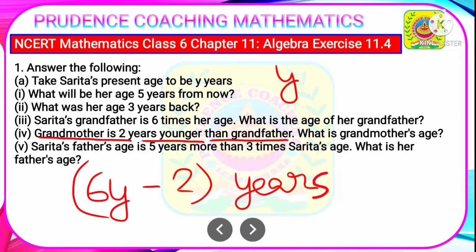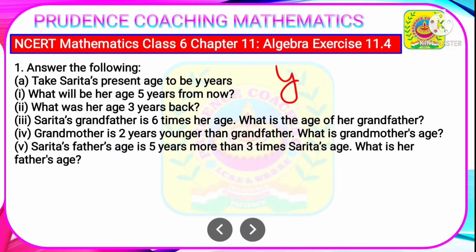Next question. Sarita's father's age is 5 years more than 3 times Sarita's age. So it is said that Sarita's father is 5 years more than what? 3 times Sarita's age. First you calculate 3 times Sarita's age, that is 3 into y, that means 3y.